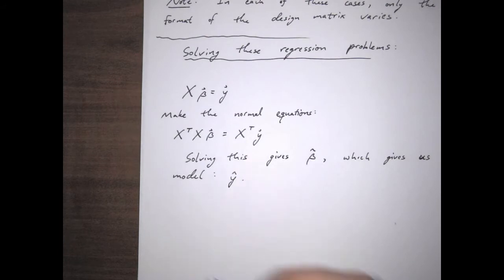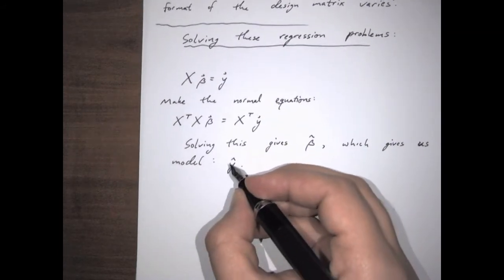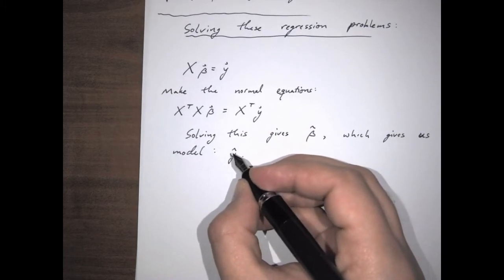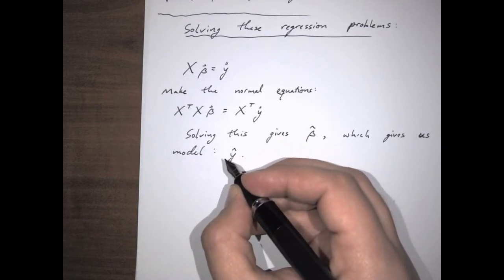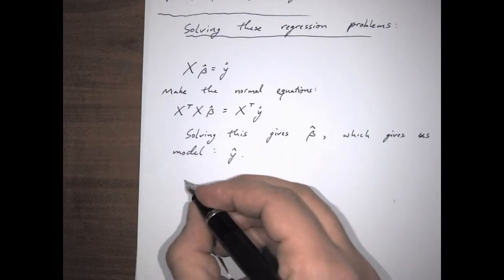Now, the way your book often words this is that this then allows a machine which has learned the model to then predict values for the output given values of the input.